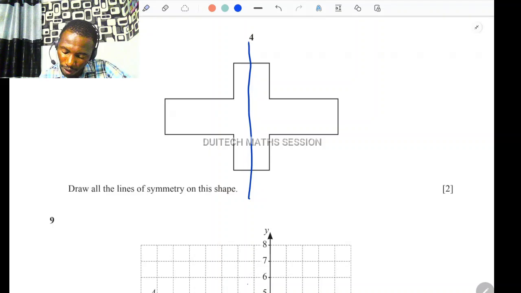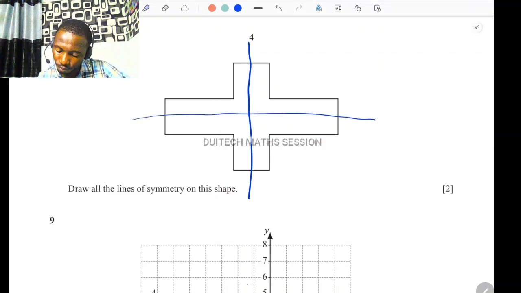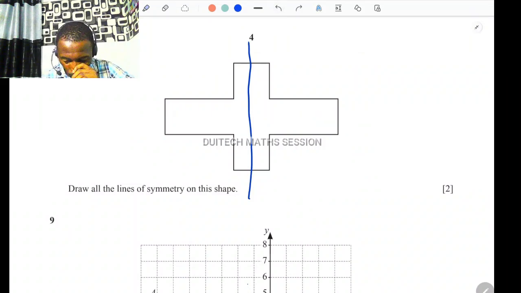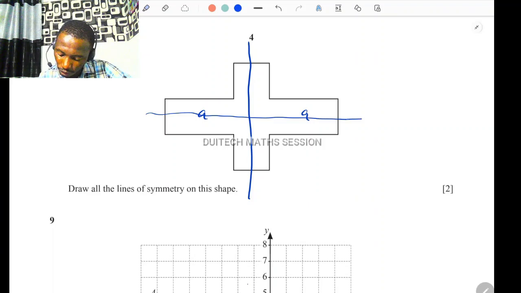If we divide it by a vertical line, this particular part is equal to this particular part, right? So the two sides are equal. If we share it like this again, this particular part B is also equal to B here. Up and down become equal.